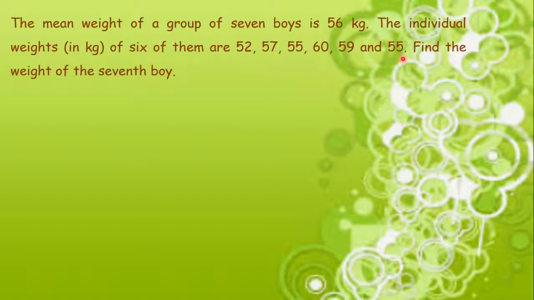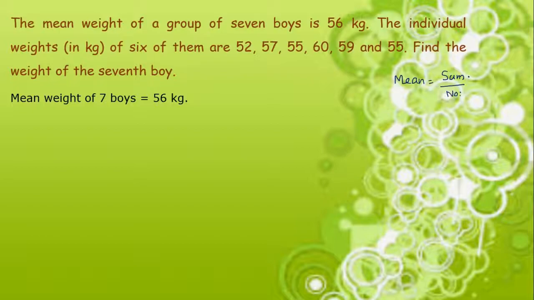Let us start from the given things. Mean weight of 7 boys equal to 56 kilogram. As we know, mean equal to sum of the observations by total number of observations.